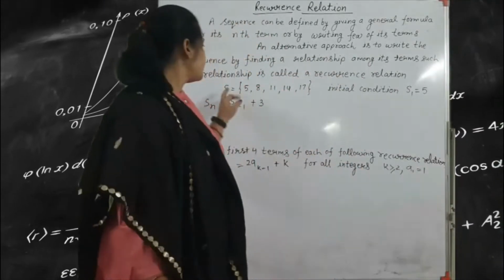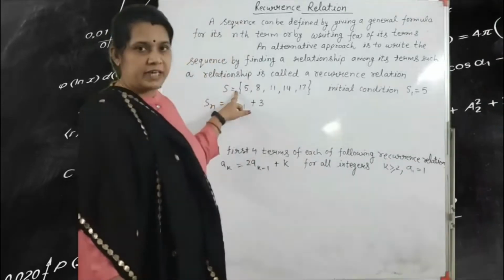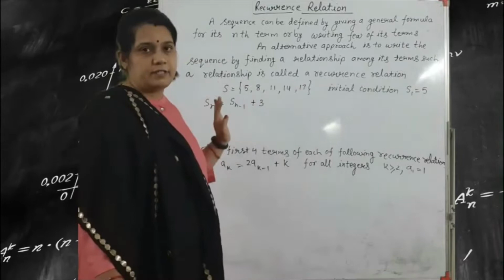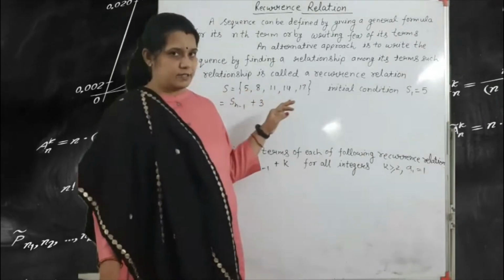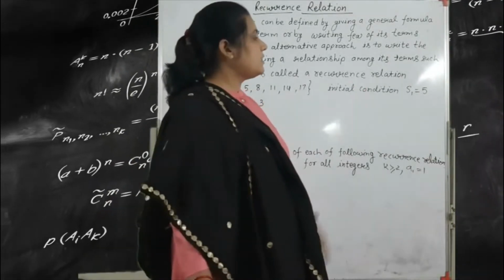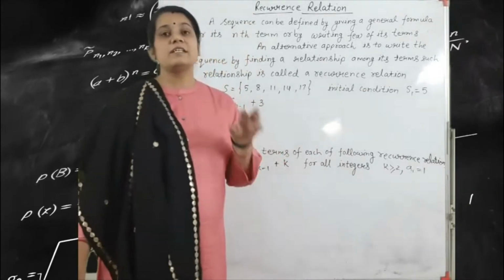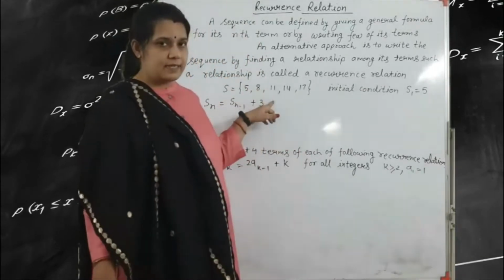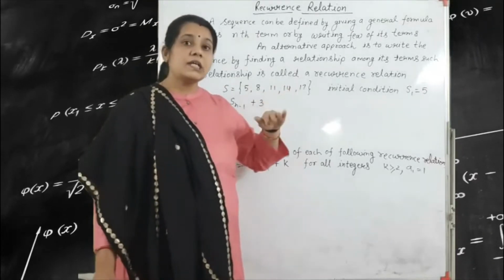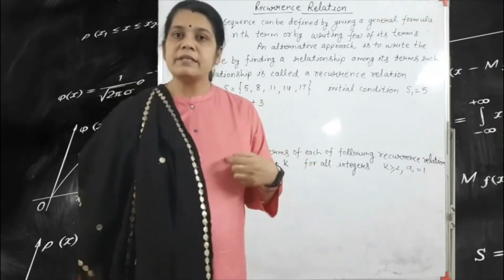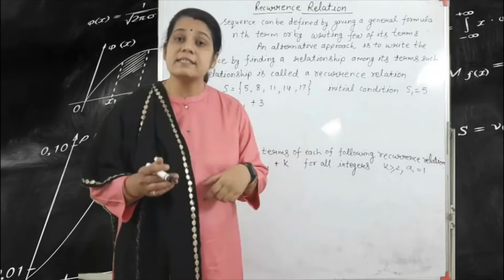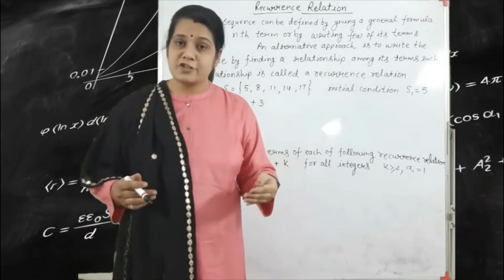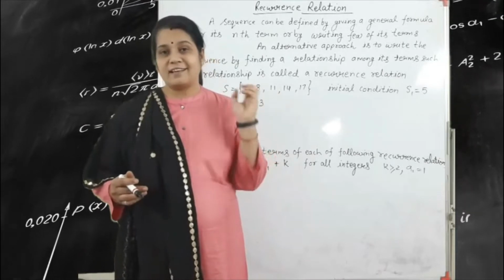So here, S is equal to the set 5, 8, 11, 14 and 17. We are given a set, and here we are given the initial condition S1 is equal to 5. Sometimes we are given a set and we find the recurrence relation, and sometimes we are given the recurrence relation and with its help we find the set of elements.